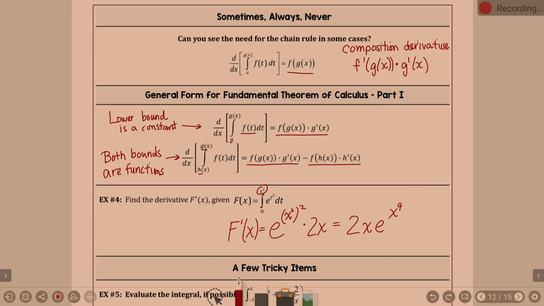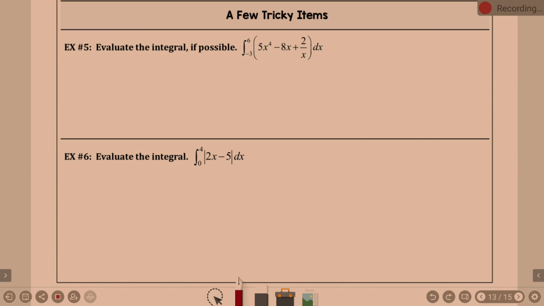Number 5. Evaluate the integral if possible. It's not possible, because it says that, and you guys are just too smart for that. But why is it not possible? Because there's x in the denominator. What's true about the denominator? It can't be 0. So x can't be 0 because it's in the denominator.